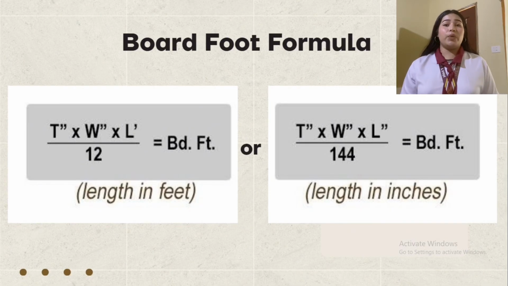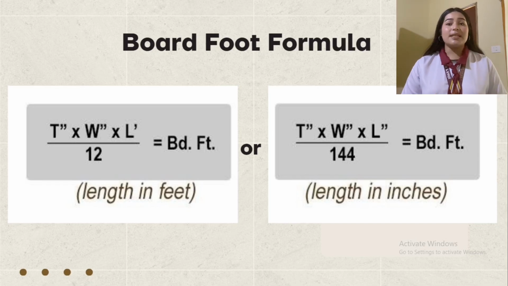And then the second formula is using inches: thickness in inches times width in inches times length in inches, divided by 144. These formulas help calculate the exact amount of wood in board feet for accurate lumber measurement.